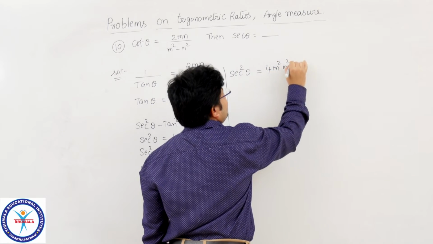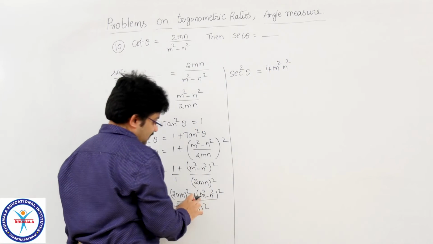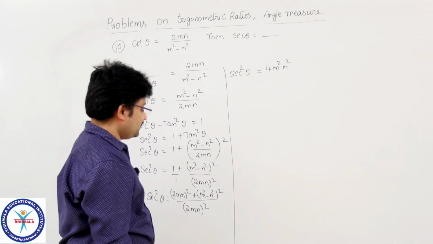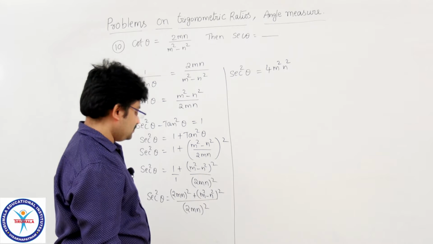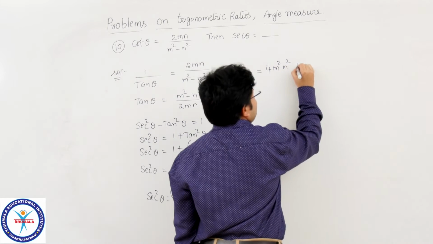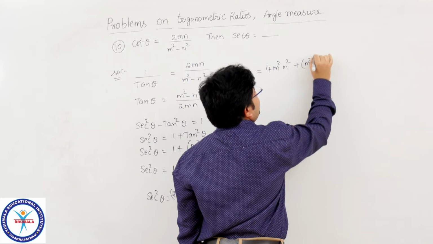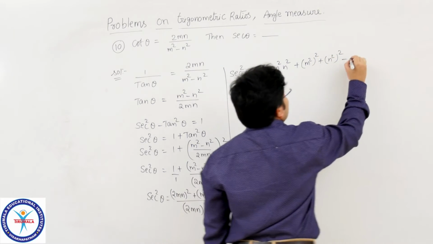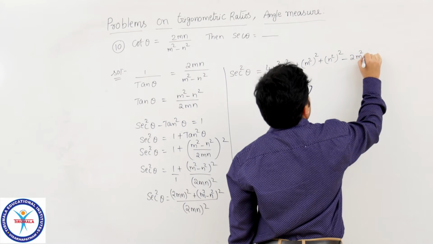4m²n² plus, it is in the form of (a − b)². (a − b)² is nothing but a² + b² − 2ab. Then it becomes (m²)² + (n²)² − 2m²n².